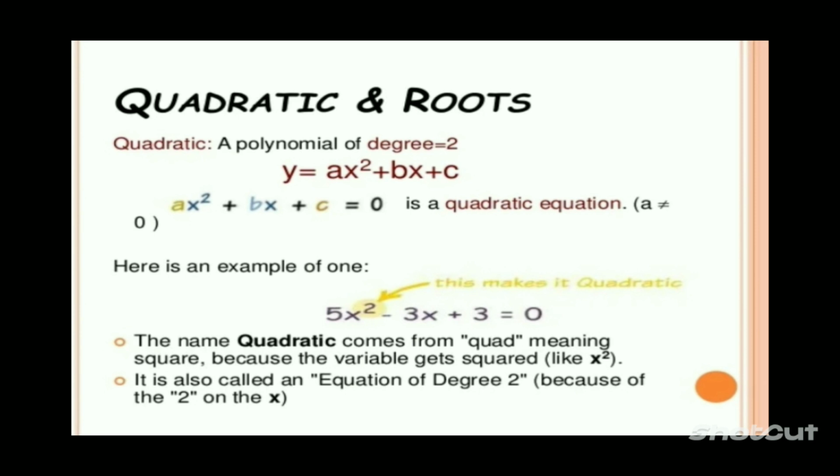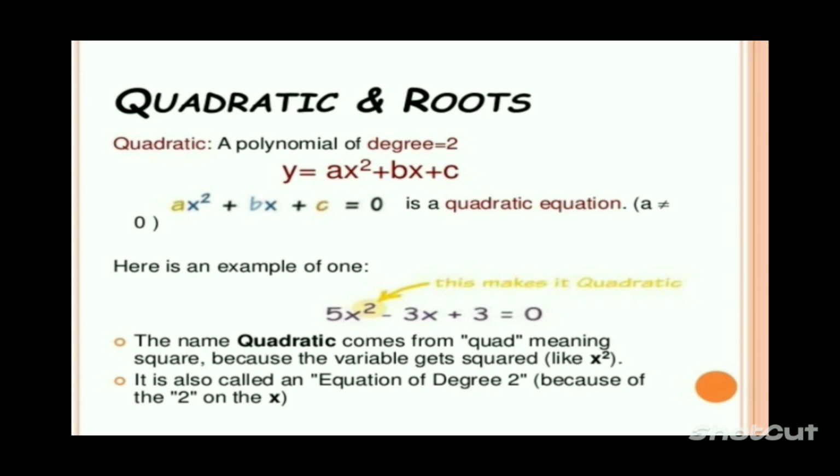We will know if this is a quadratic equation if a is unequal to 0. Here is an example: 5x squared minus 3x plus 3 equals 0. It is called a quadratic equation because of the exponent, which is the 2, in 5x squared.